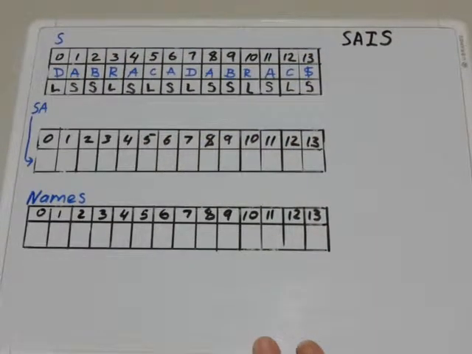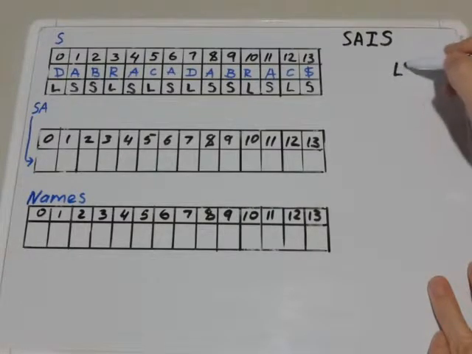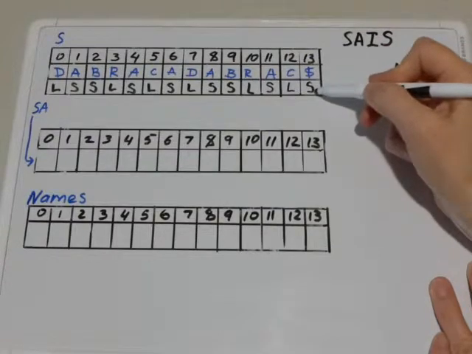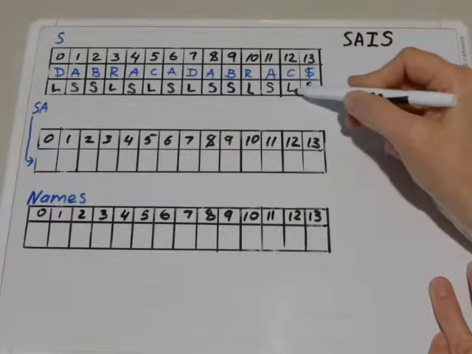Now out of all these suffixes, we need to choose the LMS suffixes. LMS stands for leftmost S type. What does that mean? First of all, it has to be S type, and the suffix on its left has to be L type.